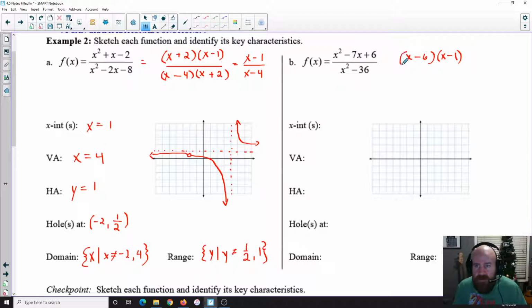And then the bottom is x minus 6, x plus 6. x minus 6 cancels, so we have a hole at 6, something. So we're going to plug that into our simplified equation. So 6 goes in, we get 5 over 12, so 5/12.